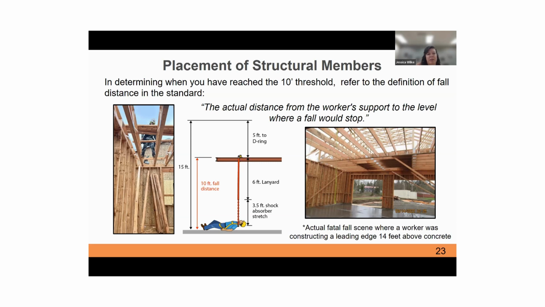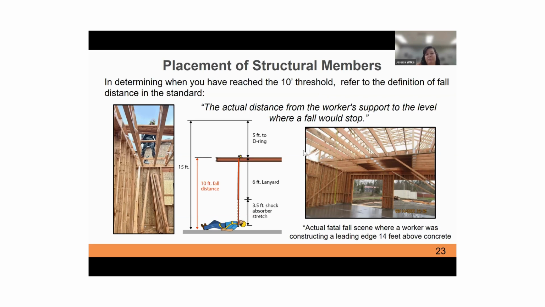So this gentleman on the left, maybe setting trusses, he might be at 9 feet, 10 feet, but he needs some method of protection if it's over 10 feet. On the far right, we have an actual fatal fall scene where they were constructing a leading edge in this garage, about 4 feet high. The worker didn't have any protection, so he fell and unfortunately died from a 14-foot fall.